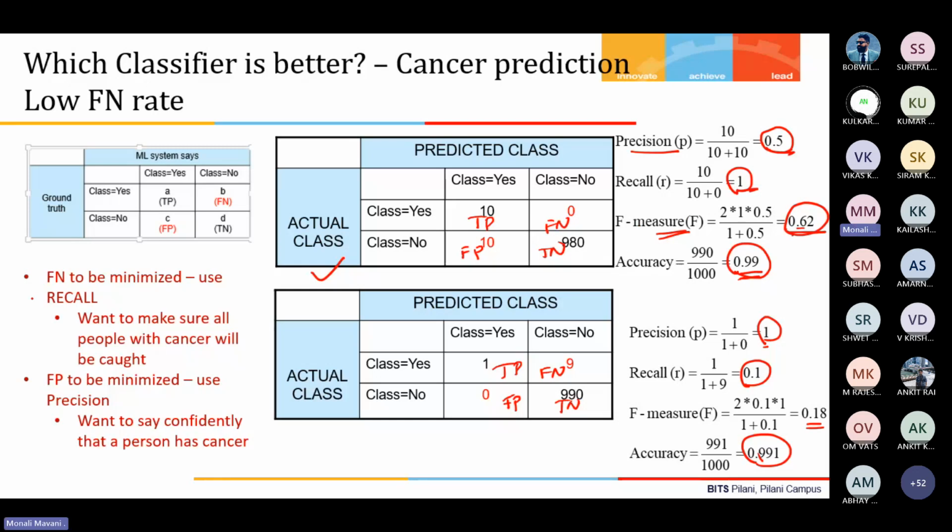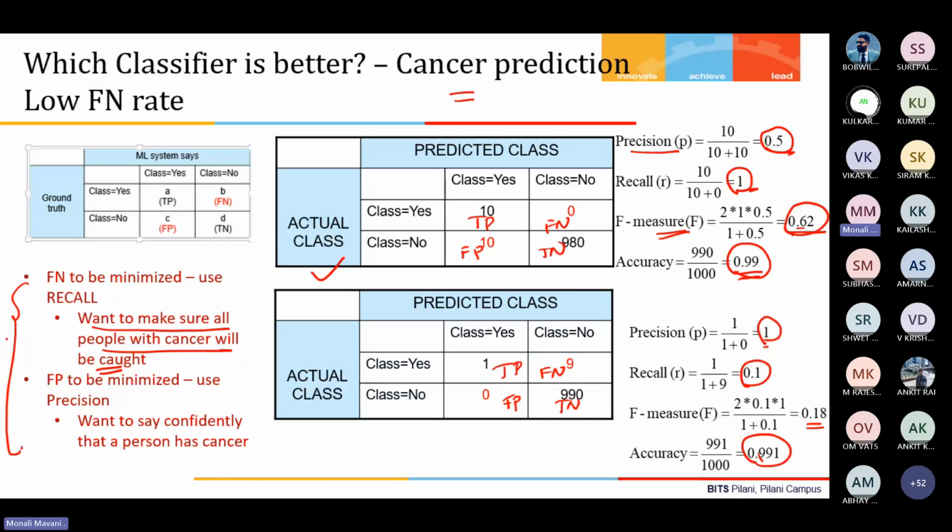Now look at this. Suppose this is a cancer prediction problem. One way is to look at the F measure. The other way is to look at recall or precision. You want to understand the interpretability of recall and precision. Suppose you want to make sure all people with cancer will be caught, and you don't want to leave any person having cancer.